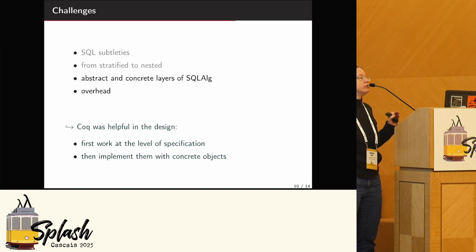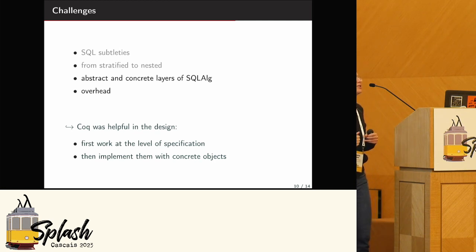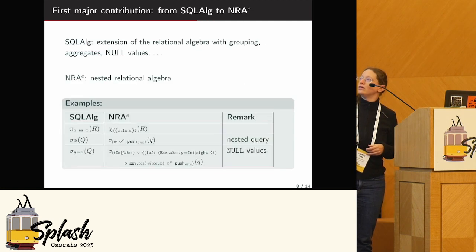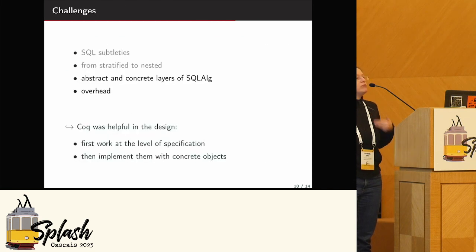So we had to cope with this and first prove something at the abstract level and then make it concrete. And the other challenge is that this translation produces overhead. As I've shown here, you see that it becomes a very big formula, right? So we had to make sure that we don't have too much overhead.